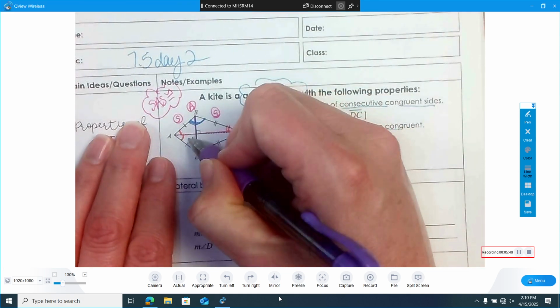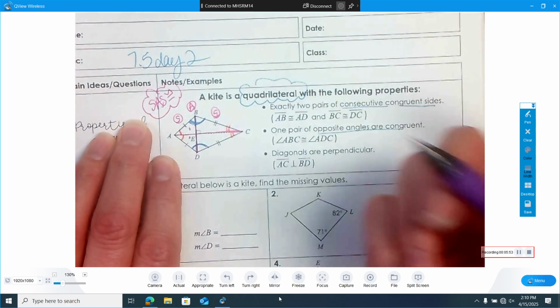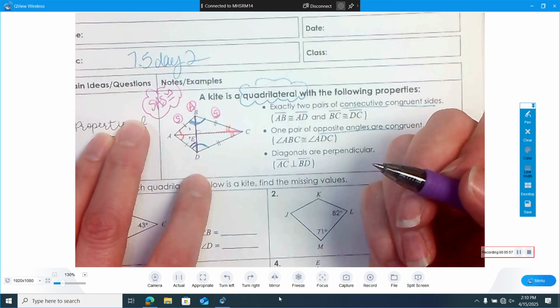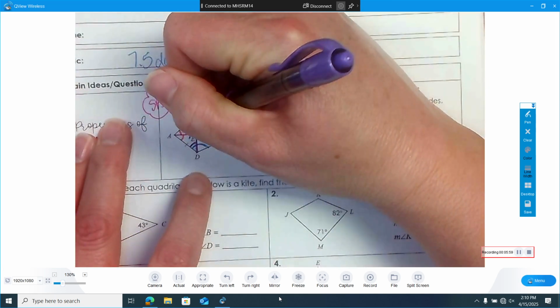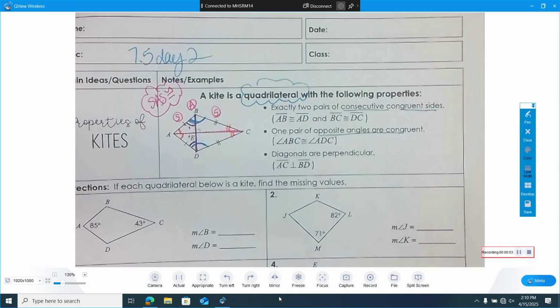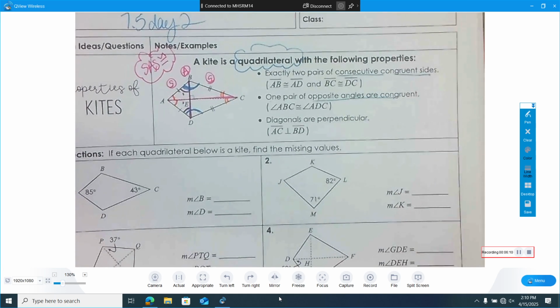And so these two triangles are congruent as well, which means this tiny angle D here is congruent to that little tiny B over here. So there's tons of congruent things, okay? So lots of things are congruent in these kites.